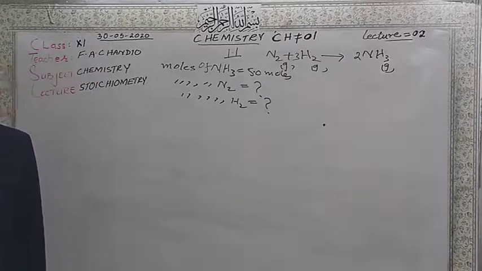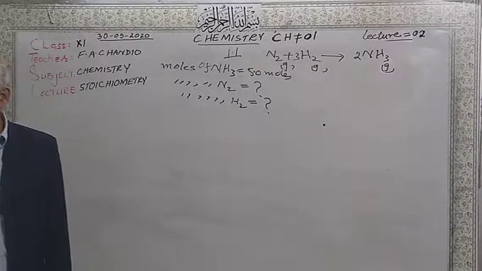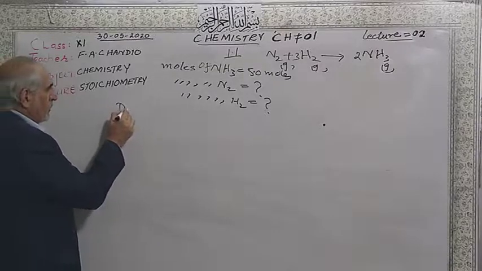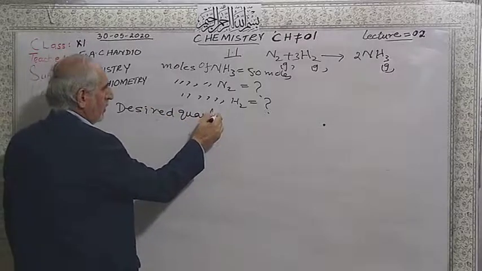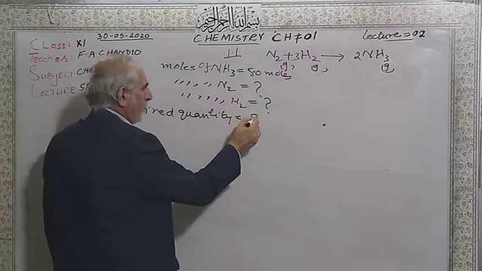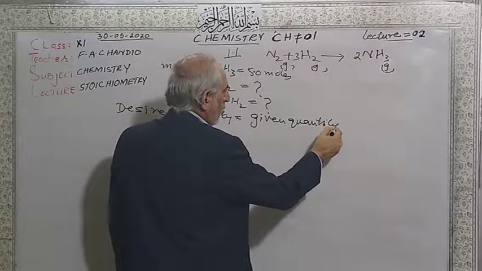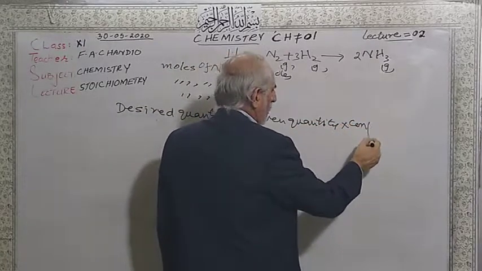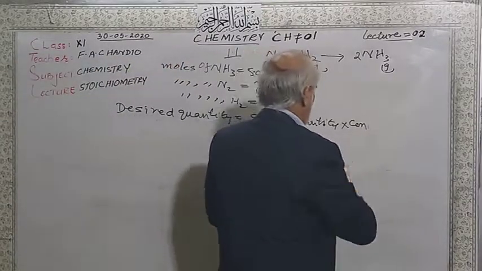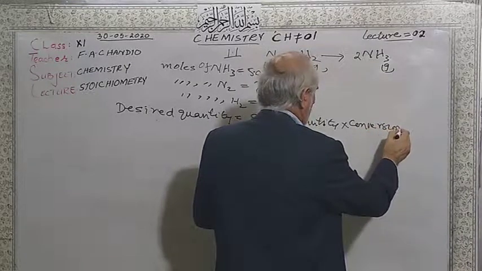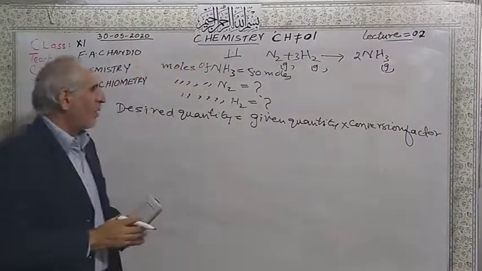So the formula will be: desired quantity is equal to given quantity multiplied by conversion factor. This is the formula.